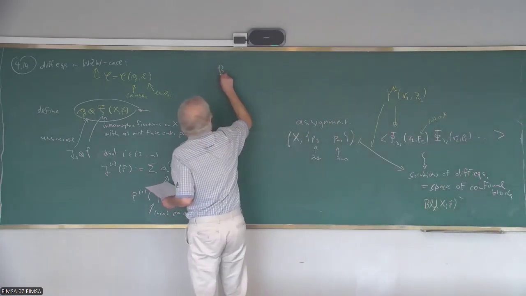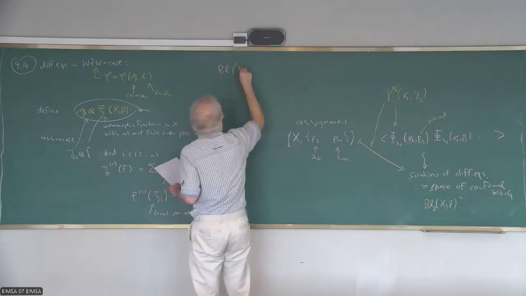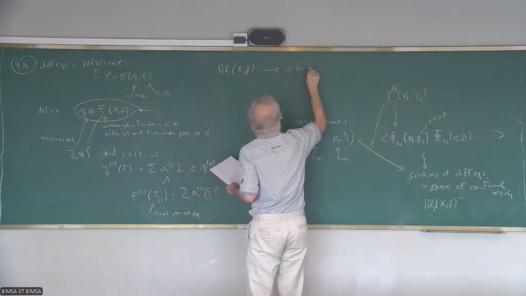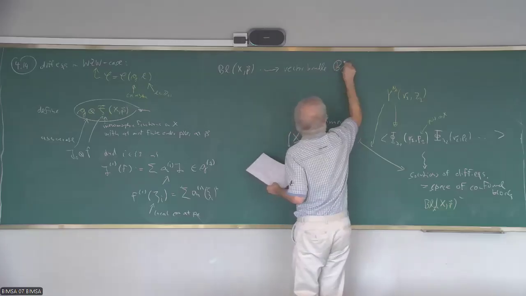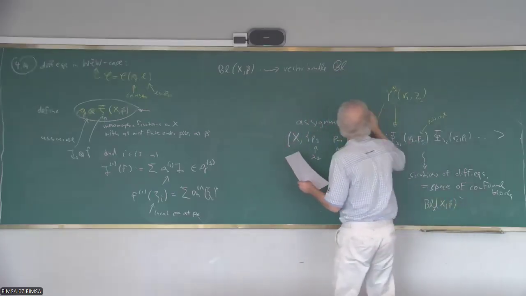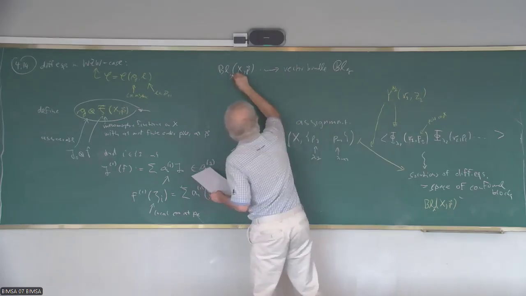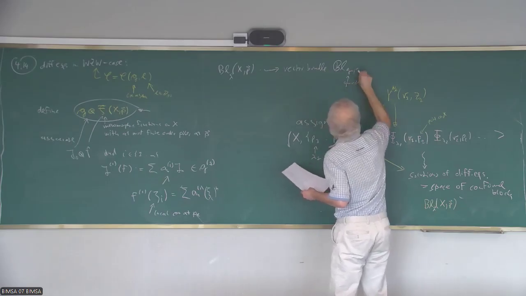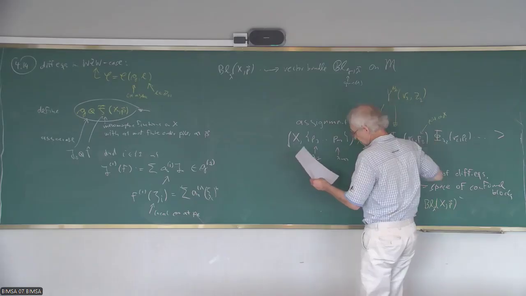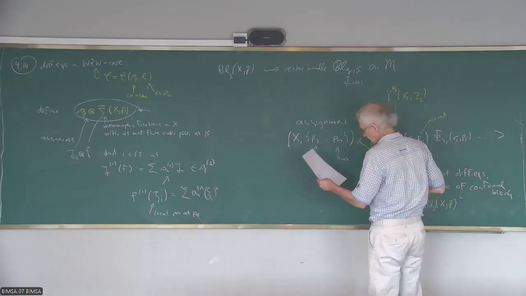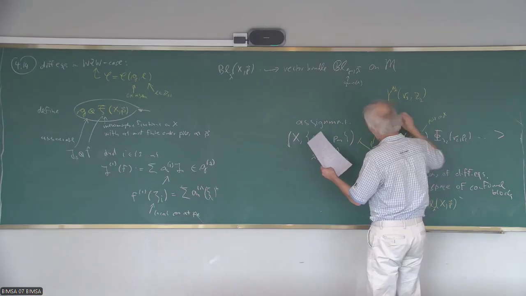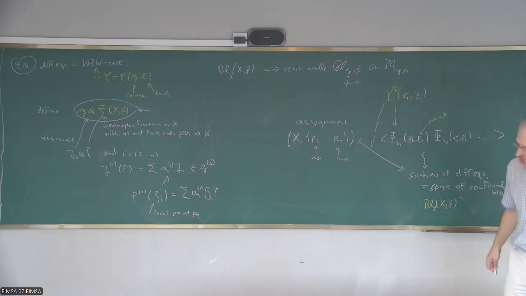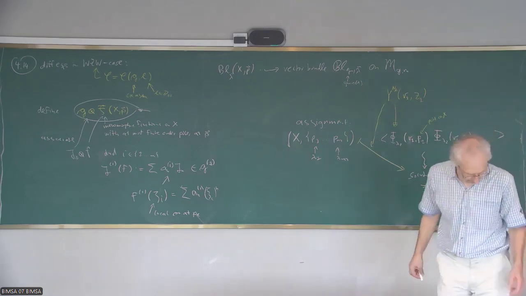So the vector bundle I will indicate by a script BL. And this will depend then on g, this is now the genus of X, and lambda, on the moduli space of curves with a given genus g and a certain number of marked points.